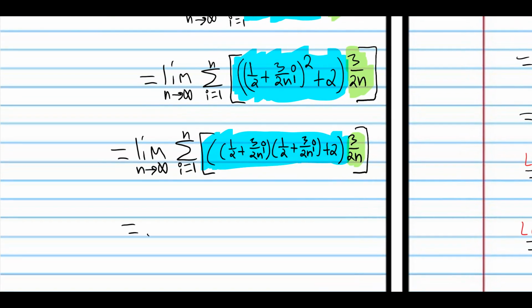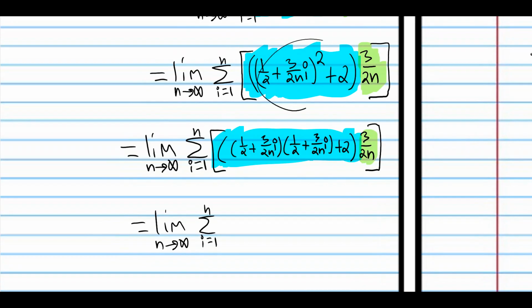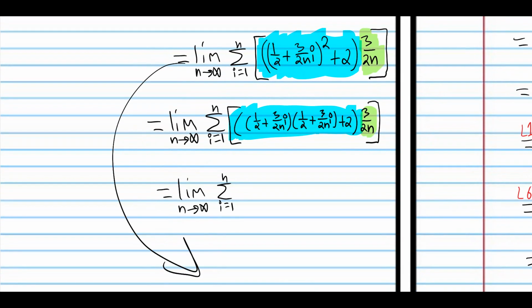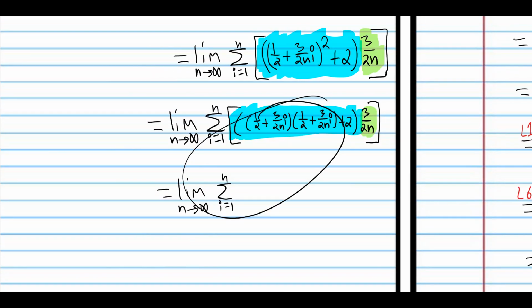Now, if you understand the algebra that we're doing here, you don't have to show so many steps and go so slow. You can do FOIL in your head and skip right down to the step down here.